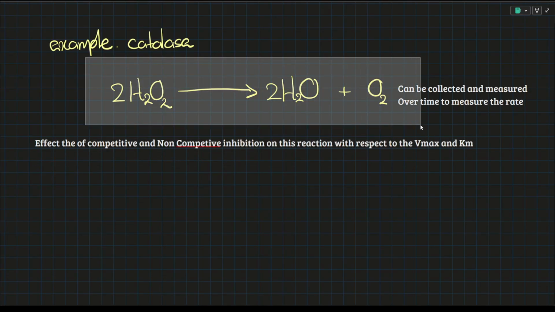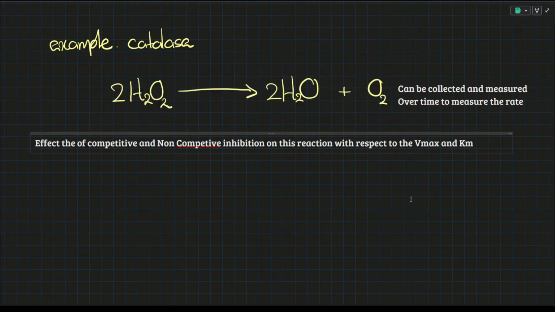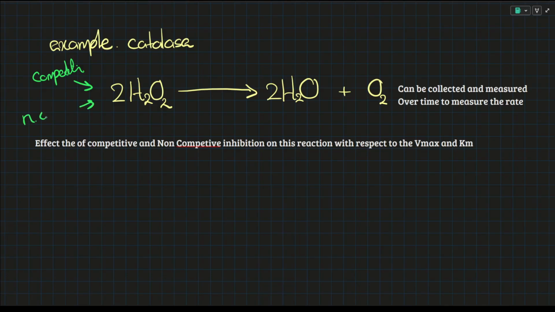It's a very simple reaction. We'll see how Vmax and Km change if we, the first thing, competitively inhibit this, or the second thing, non-competitively inhibit this.